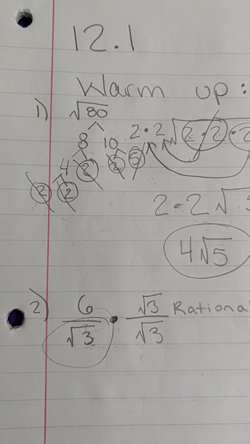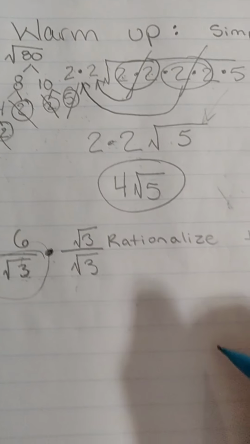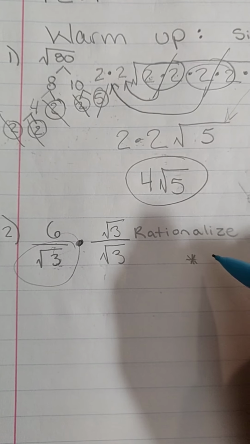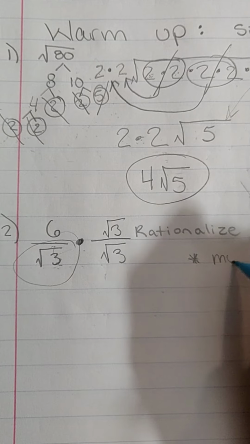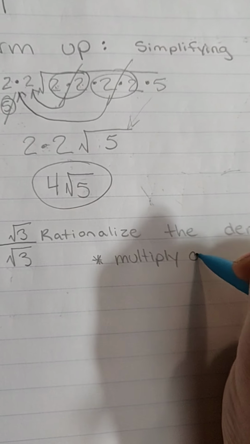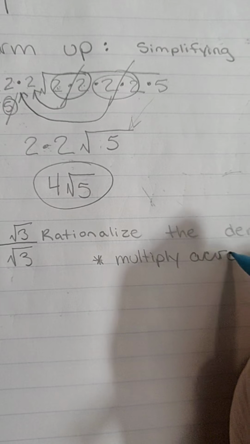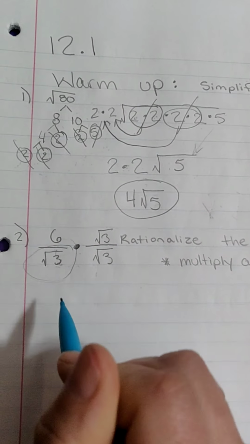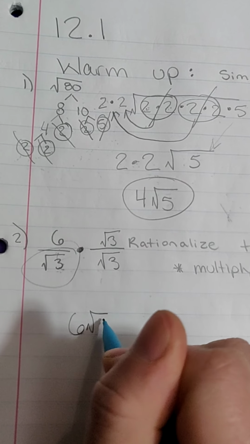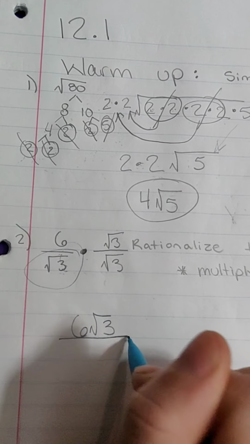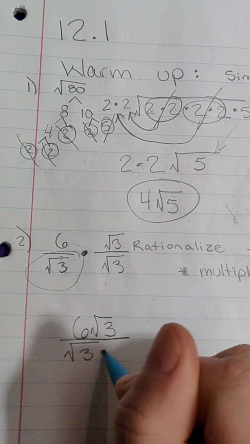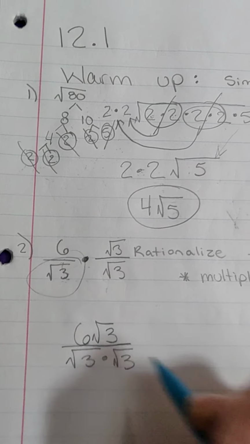When I do that, I can multiply across. So I'm going to write a little note to myself that I need to multiply across. So now I'm going to do 6 root 3 over the square root of 3 times the square root of 3.